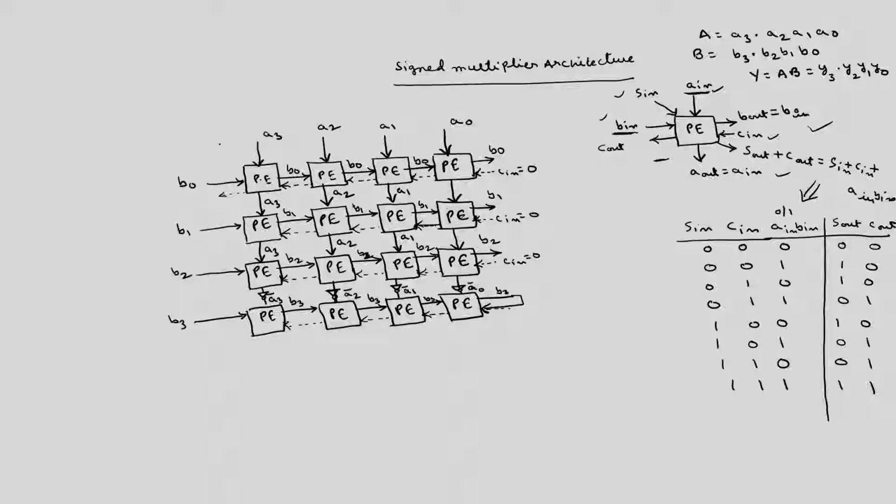Now some bits, here I am going to give 0, here I am going to give 0, sum in, this is also 0, this is also 0. Then the output of each one we are going to connect here.